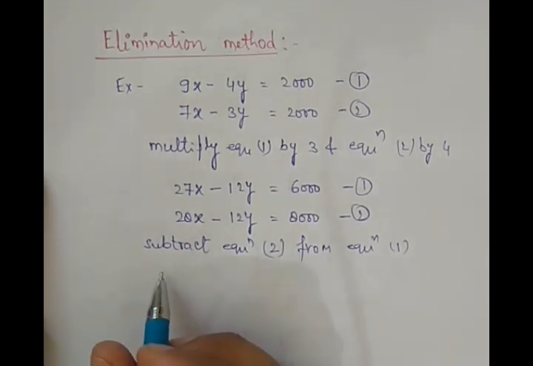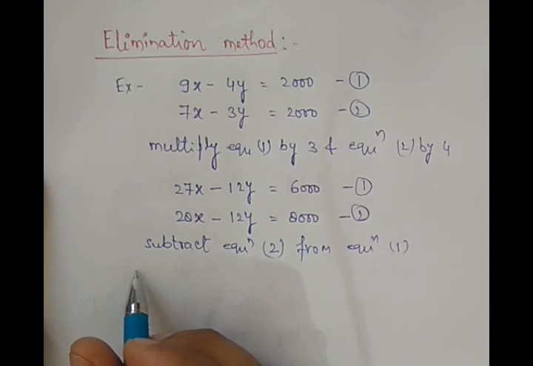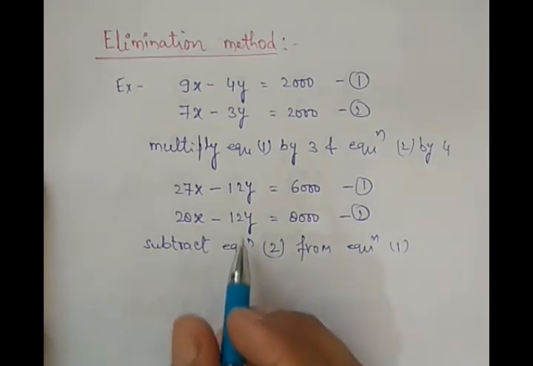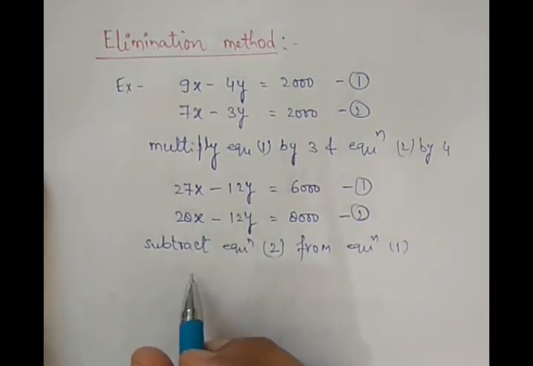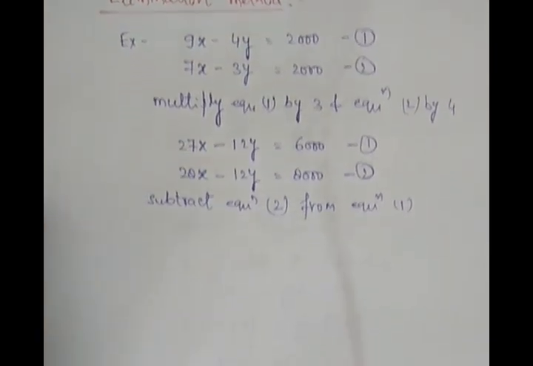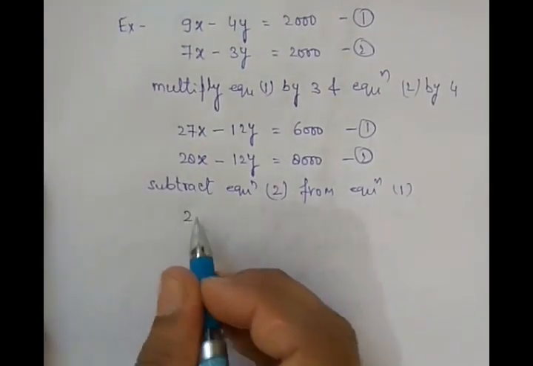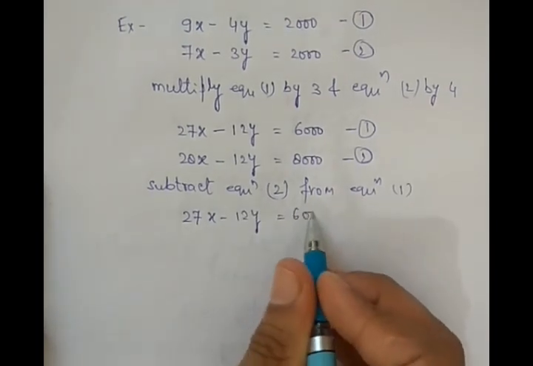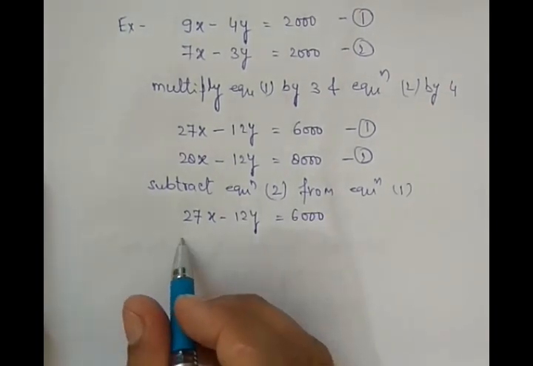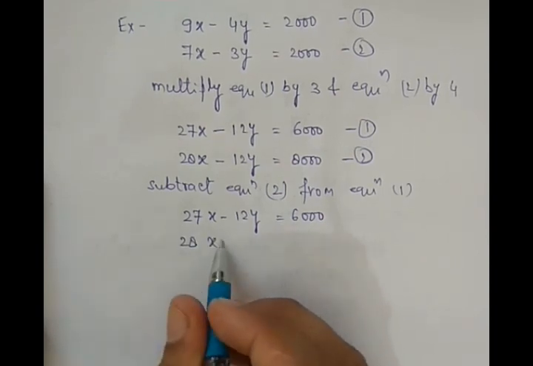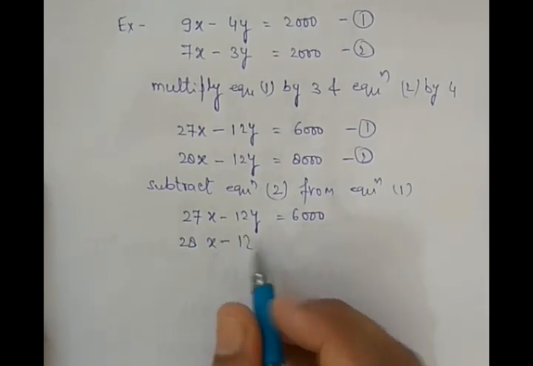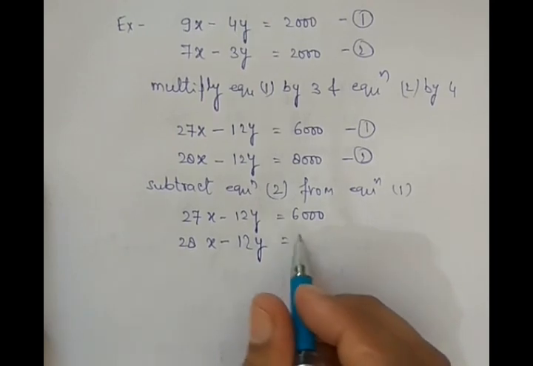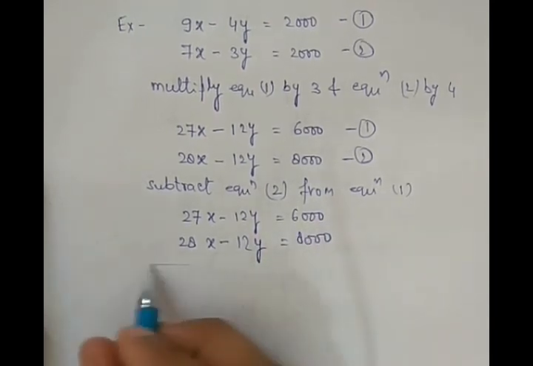You will get that this thing will get cancelled out, or we can write it like this: 27x minus 12y was equal to 6000. This is 28x minus 12y is equal to 8000, and we are saying that we will subtract.